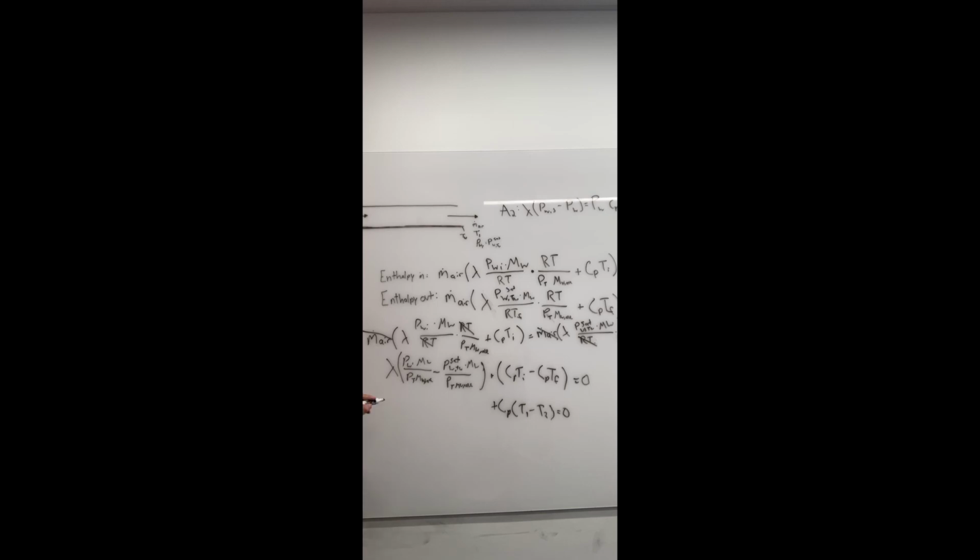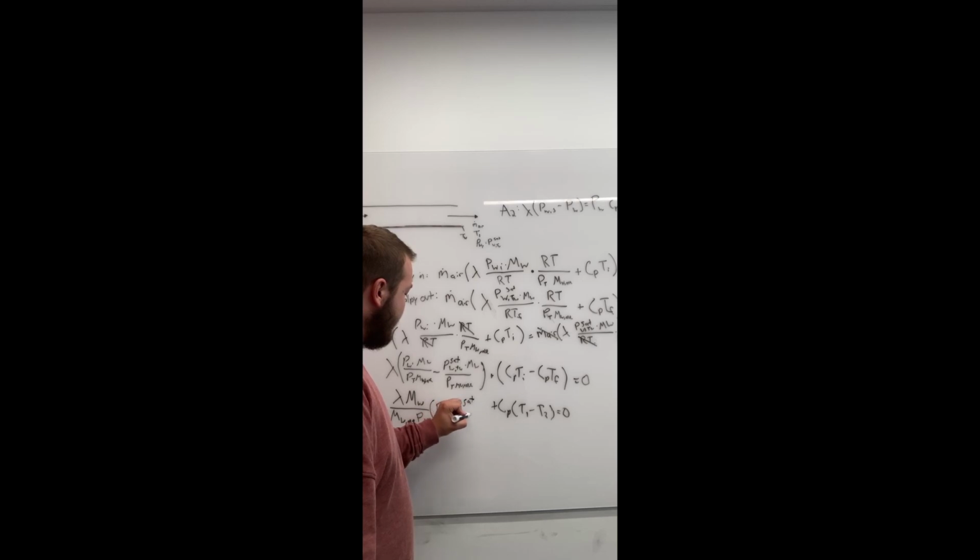So we can pull out lambda, MW, MW average, and then we can pull out PT. So we should be left with PW minus P saturation, that whole thing plus that.